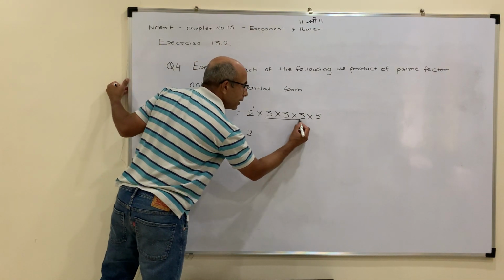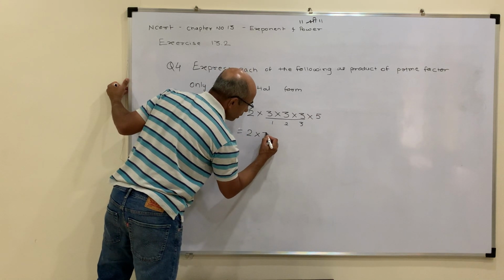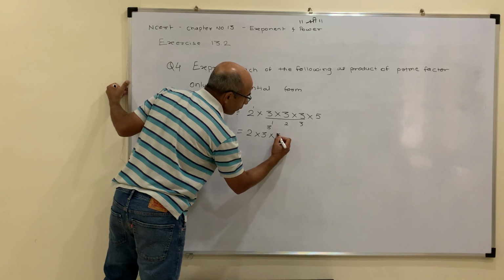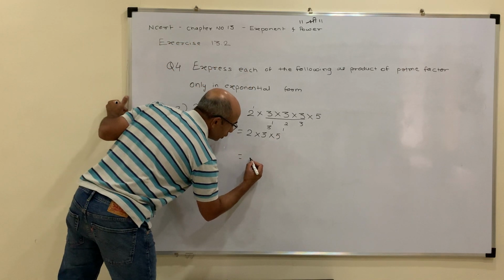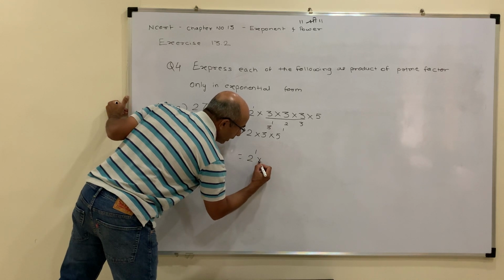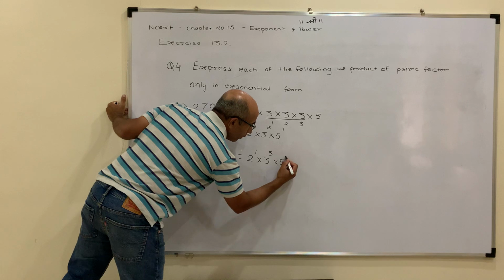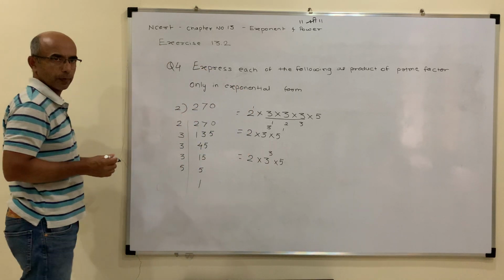In case of 3, 1, 2, 3, so into 3 raised to 3 into 5 raised to 1. So my ultimate answer is 2 raised to 1, 3 raised to 3, 5 raised to 1. Even if you don't write the 1, that's okay.